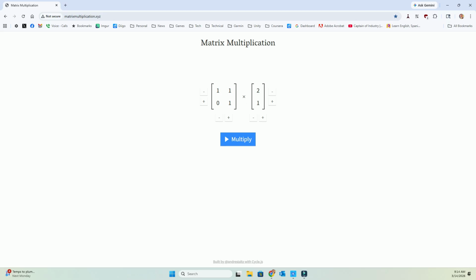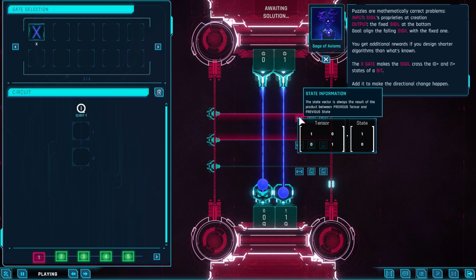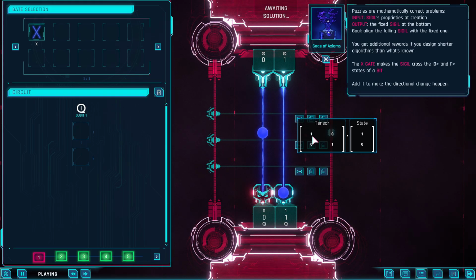Let's take a look at the tensor again, so we have that in mind. This tensor is 1, 0, 0, 1 times 1, 0.